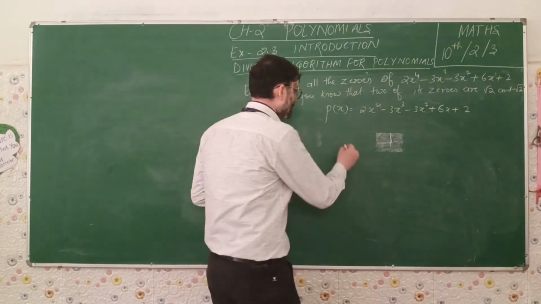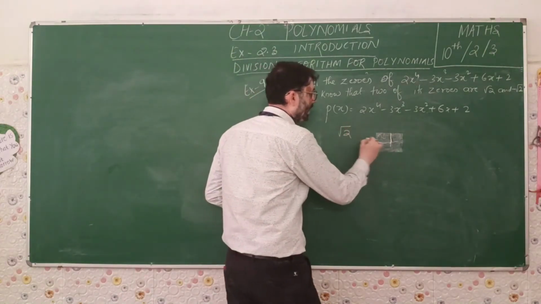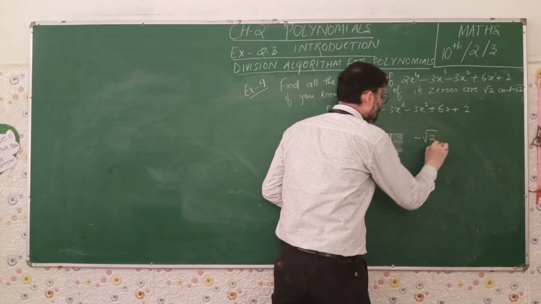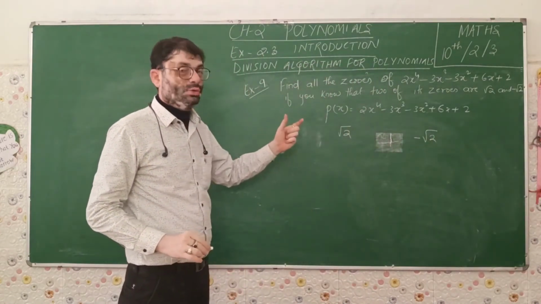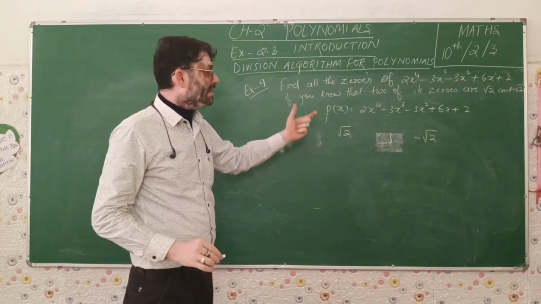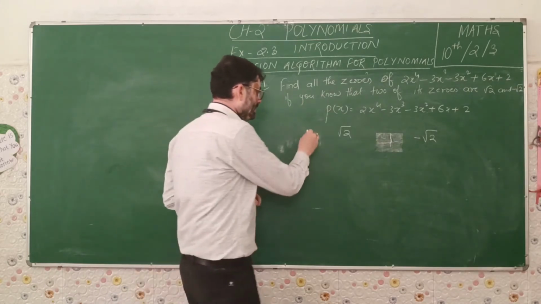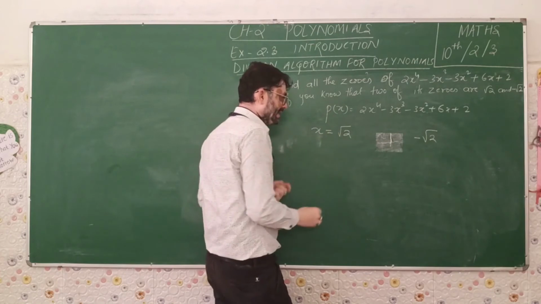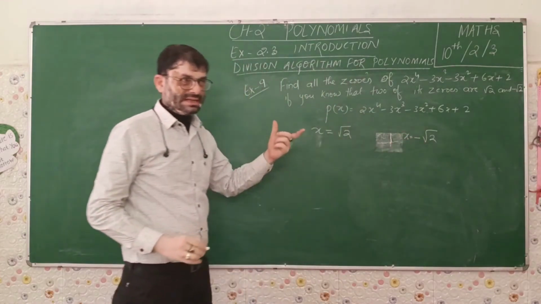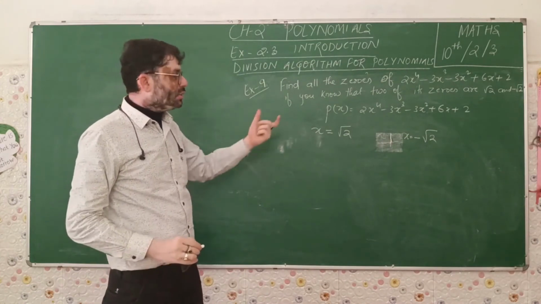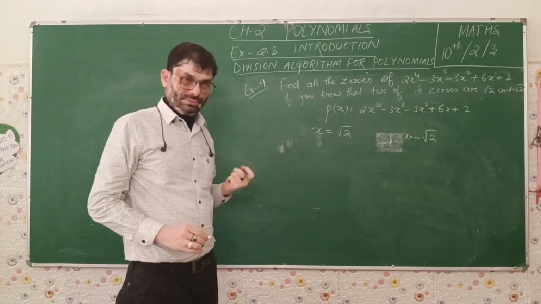Two zeros are given to us as root 2 and minus root 2. That means these are the two values of x where the polynomial becomes 0. That is, we can say x is equal to root 2 and x is equal to minus root 2. These are the two values of x, two zeros of the polynomial.